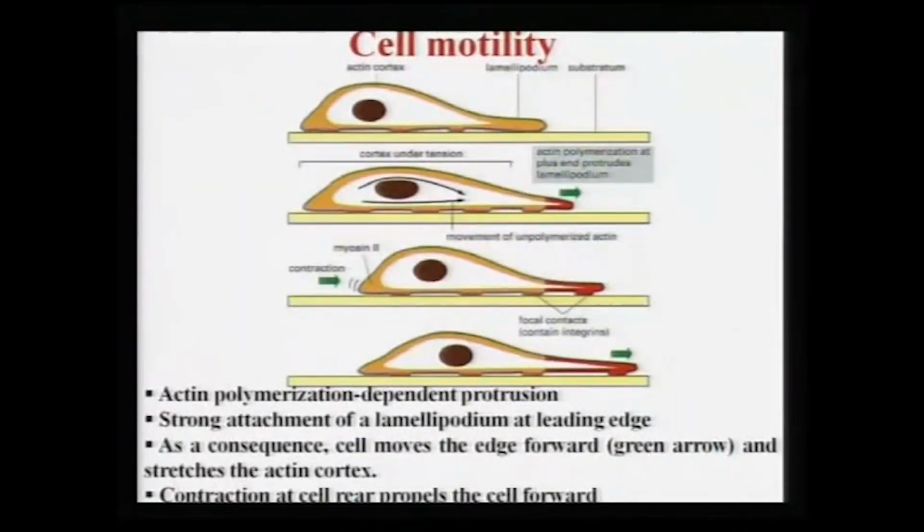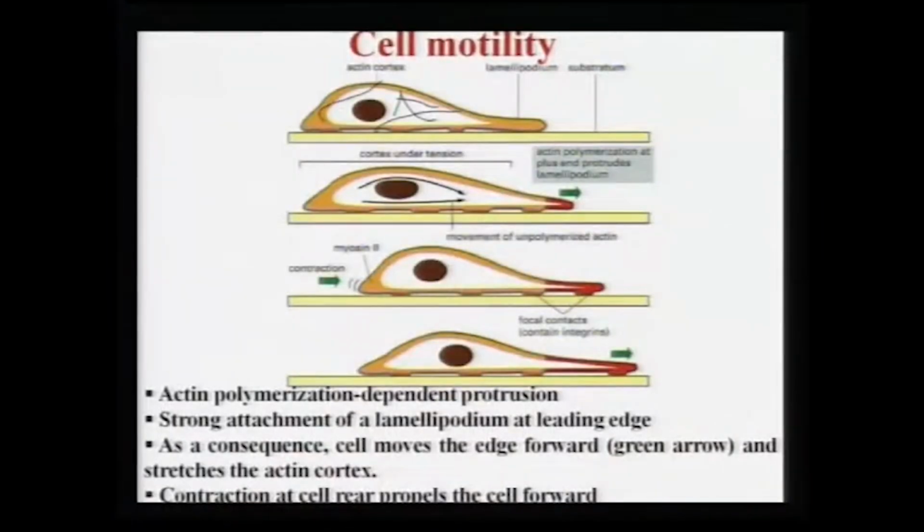Now, this slide clearly shows how cell movement occurs on a substrate. From the earlier lectures, you know that when a cell interacts with the matrix, initially the cell starts changing its shape from a more spherical shape to a non-spherical shape.